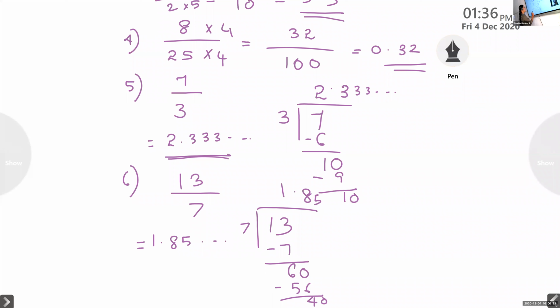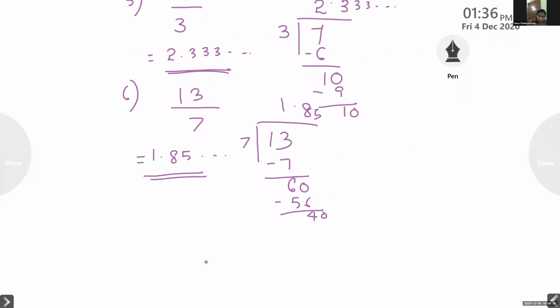Sometimes it will continue like this. But you write only these 2 decimal places. I told you to remember these cases also. There are some cases like this also. Directly divide also, you will get the answer.